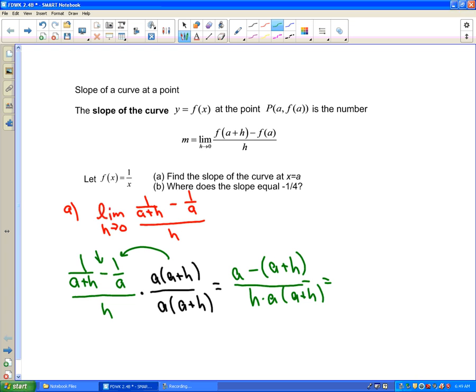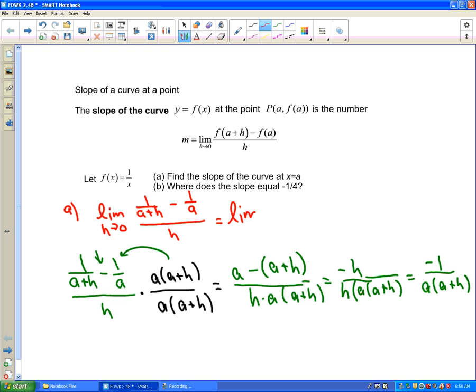Our numerator is going to simplify down to negative h, and our denominator is h times a plus h. The two factors of h will reduce, and so this fraction is negative 1 over a times a plus h. And that's the fraction we're going to want to look at the limit of.